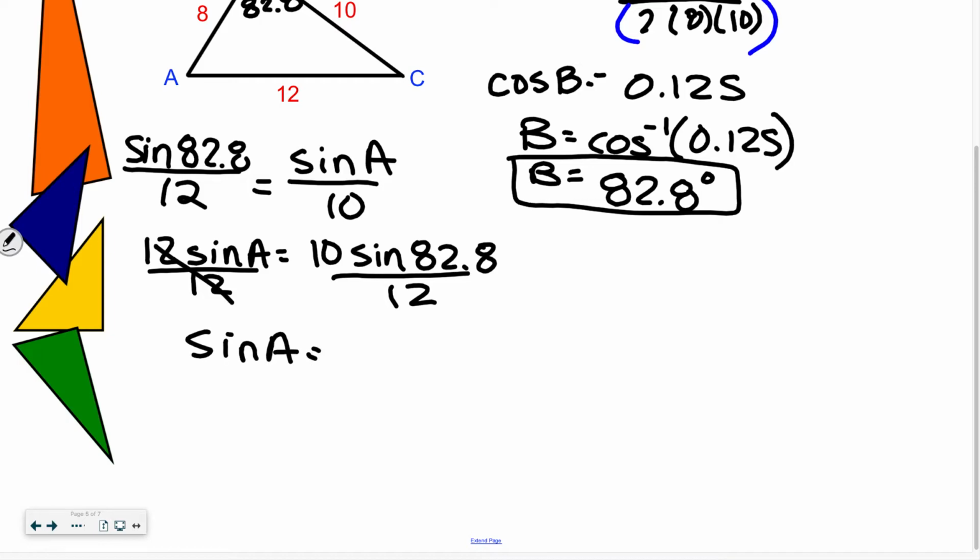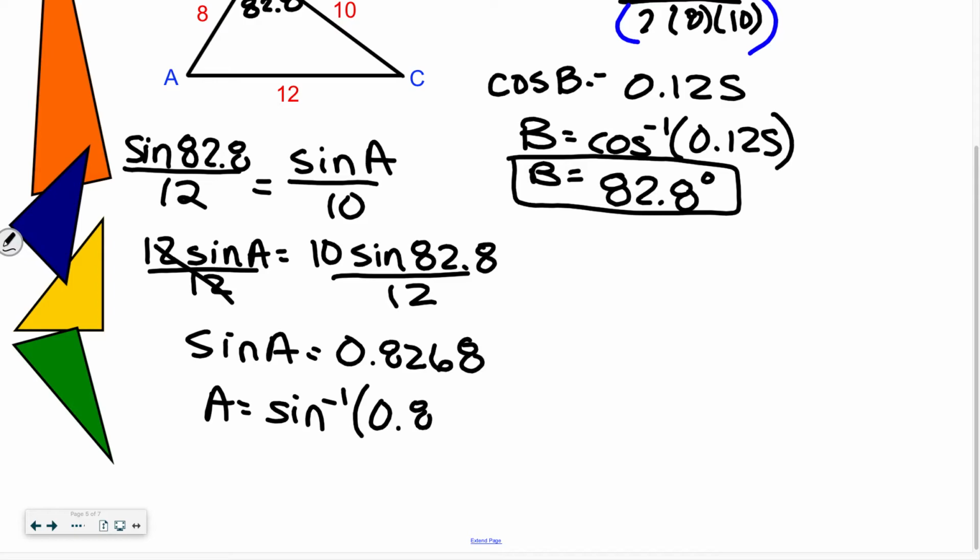So now I've got to type that in my calculator. I got 0.8268. And I'll have to inverse sine to get my answer.